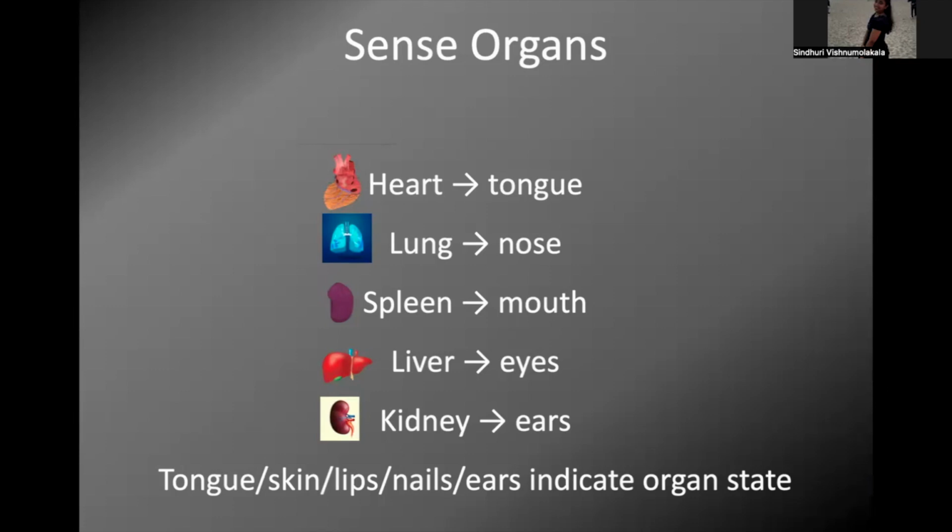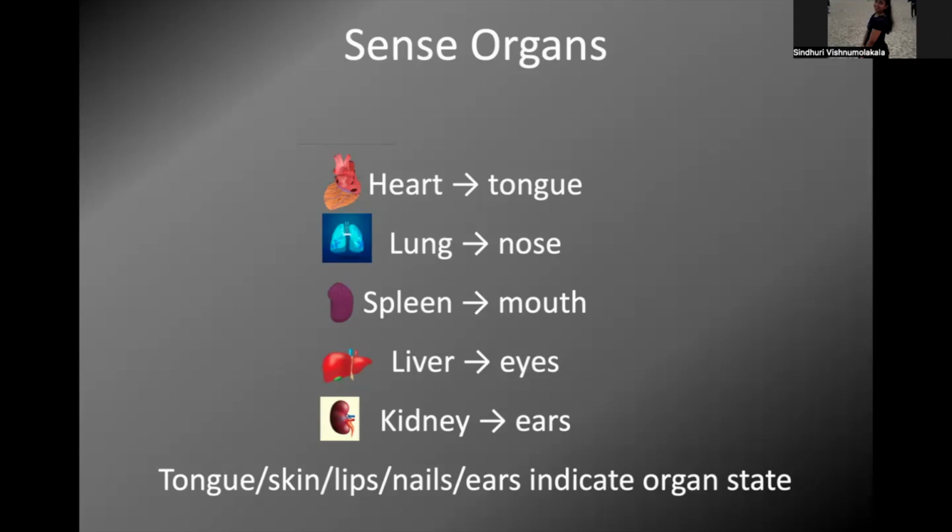Now, what are the sense organs that open for the particular organ, the particular meridians? So, the heart opens into the tongue, the lung opens into the nose, the spleen opens into the mouth, the liver opens into the eyes, and the kidney into your ears.